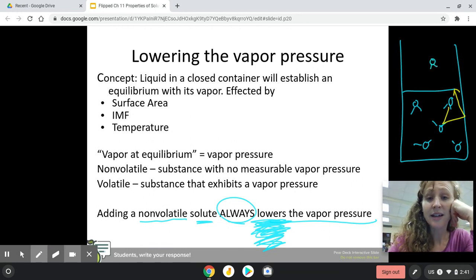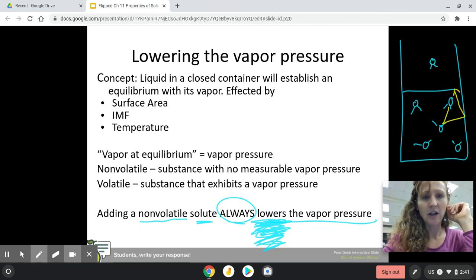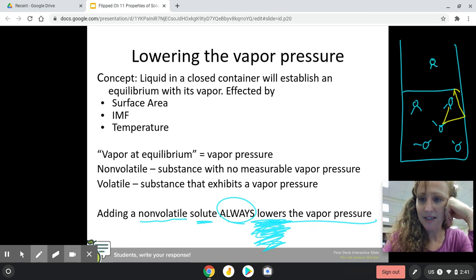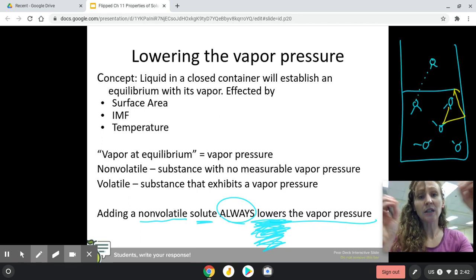Now, whether they escape or not, just like we were talking with the relationship between mercury and water, depends on how attracted that water molecule is to itself, to another water molecule. So if we can increase that attraction between the two molecules, we're going to decrease the vapor pressure.